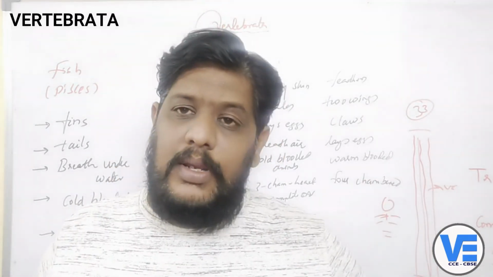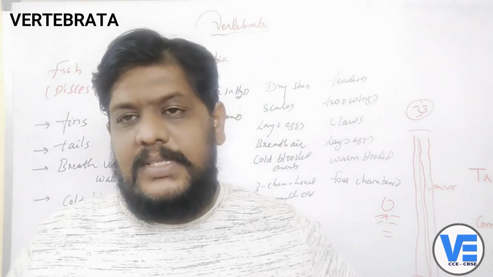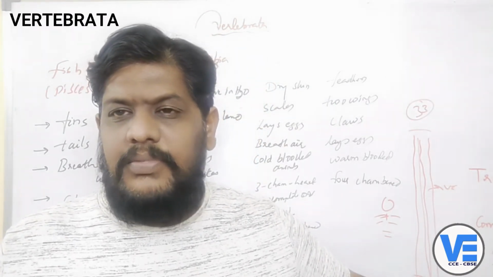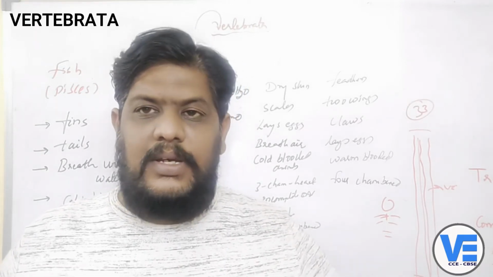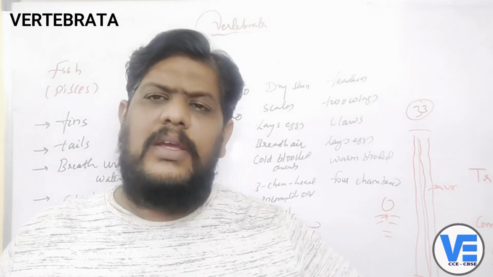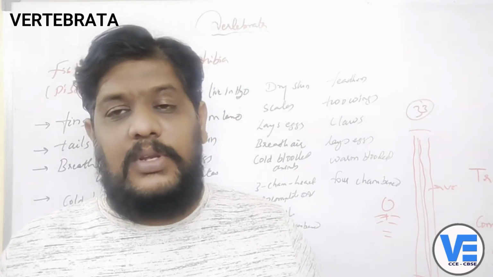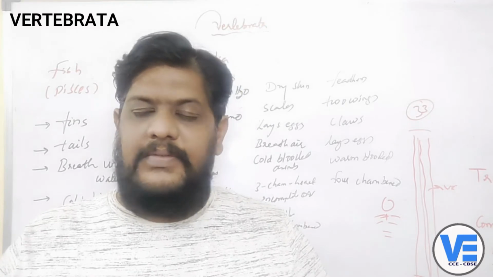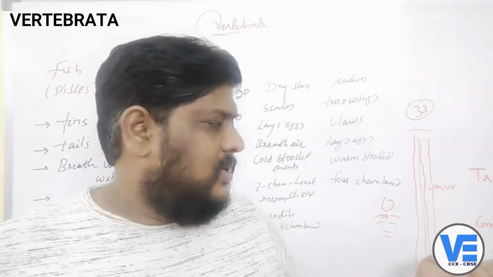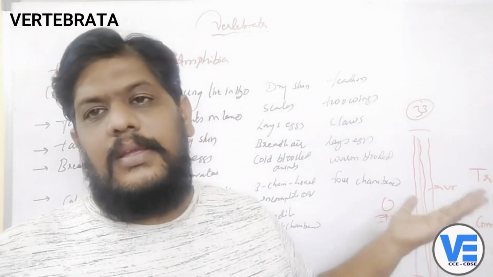Moreover, in the previous phylums, we have seen that the differentiation is only up to tissues, and only a few organs can be seen. But when you come to the vertebrates, the organ formation is absolutely fine, right? That means the tissues form the organs.